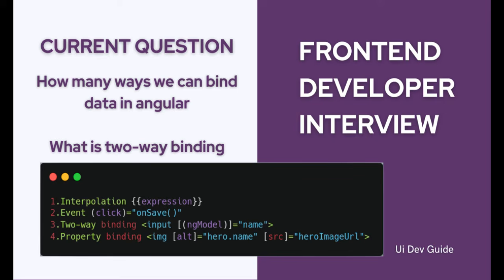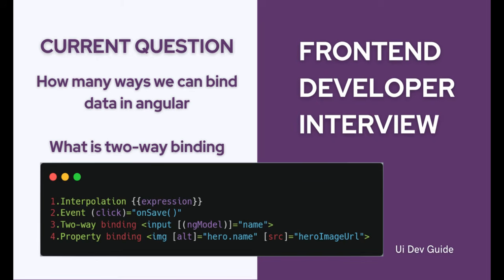And property binding is like if you want to bind a value into your input tag, we use square brackets, value equals, and pick the value coming from TypeScript to your HTML. It would pick the value of that variable. Was I able to make it understood?